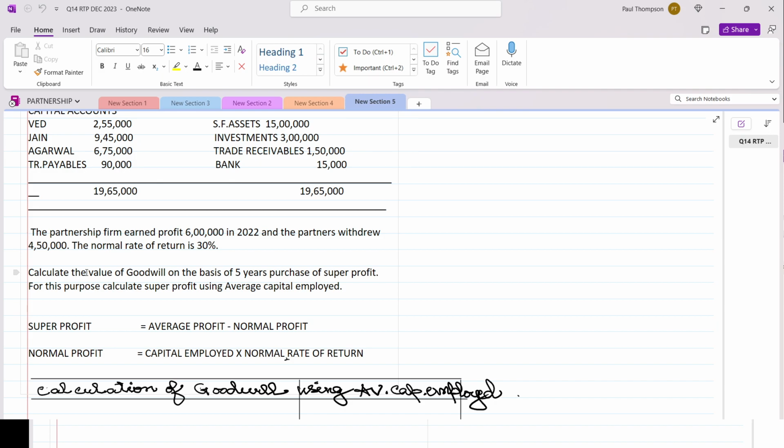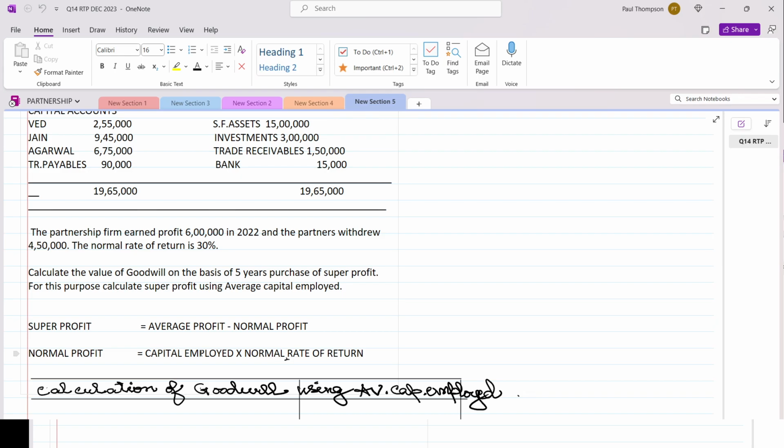For this purpose, calculate super profit using average capital employed. So super profit, we all know the formula, that is average profit minus normal profit. In order to find out the normal profit, we have to multiply the capital employed into the normal rate of return.